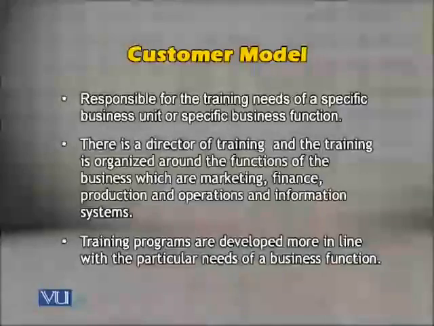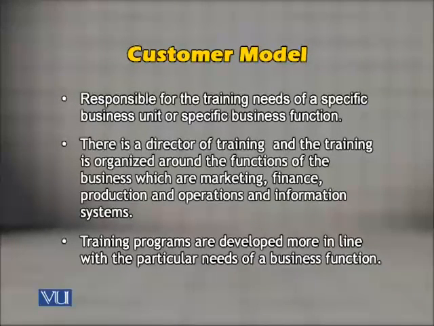So training, for example, in sales training or quality training, will be given to marketing people, and it does not matter what kind of training is being given to them. It will be organized according to the needs of the marketing department. The advantage of having a customer model is that training programs are developed more in line with the particular needs of a business function.